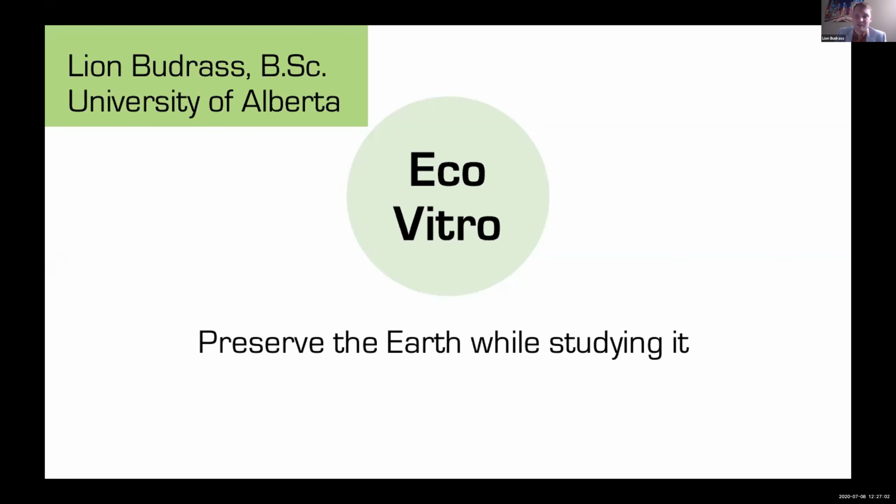So yes, I have looked into that a little bit, and there is a little bit of concern, especially with PLA. PLA is not able to break down in normal landfills because it has to be under certain temperatures and certain environments to actually break down and be compostable. But this can be done in composting facilities.